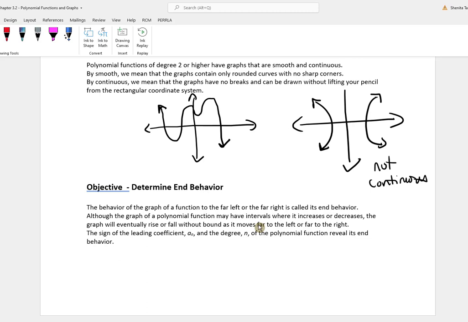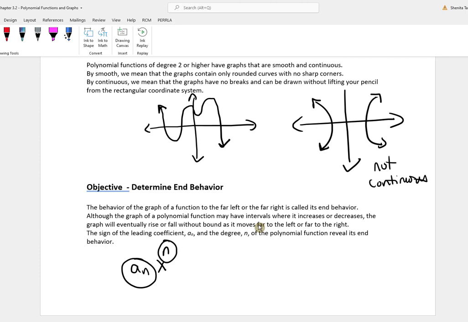So basically, the leading coefficient and the exponent of your very first term, remember you have to have this in decreasing order by exponents, so the first term should have the highest exponent, these two will tell you how the end behavior is.